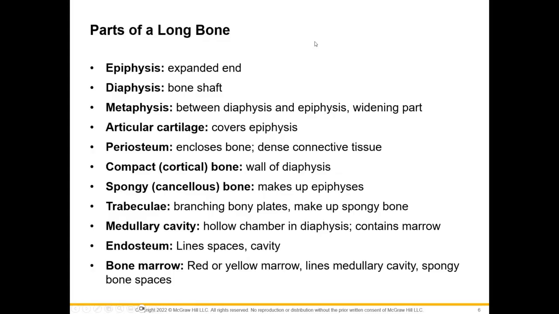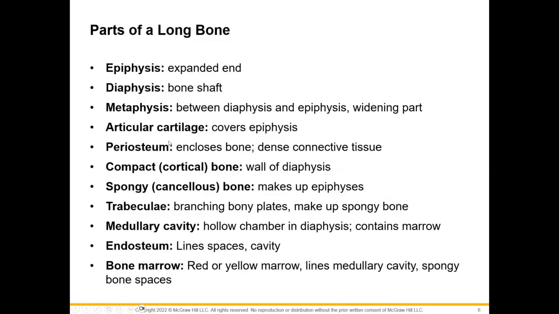Okay, some general names for different parts of bones. The epiphysis is the expanded end, and the diaphysis is the bone shaft itself. The metaphysis, this is between the diaphysis and the epiphysis. Those are the widening parts.